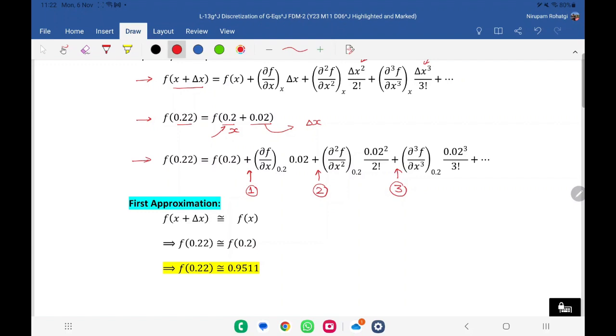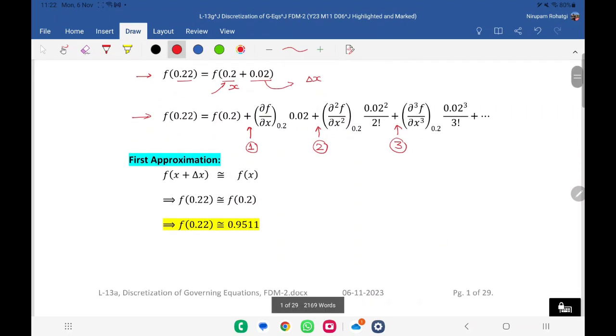All the terms which are falling on the right of 0.1, I will drop them. If I do that, that means f(x plus delta x) is equal to f(x), which means that f at 0.22 is equal to f at 0.2, and this value I already know. So this is one way of finding out.